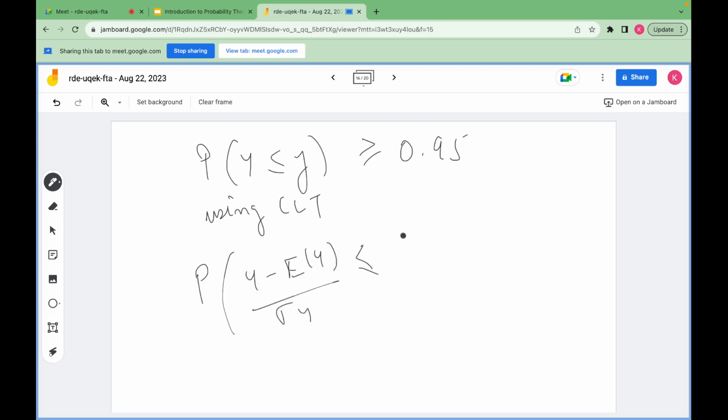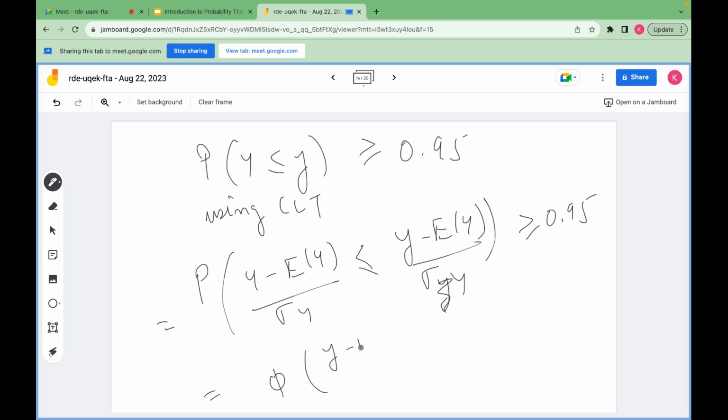The probability that (Y minus expectation of Y) upon sigma Y is less than or equal to (y minus expectation of y) upon sigma y should be greater than or equal to 0.95.